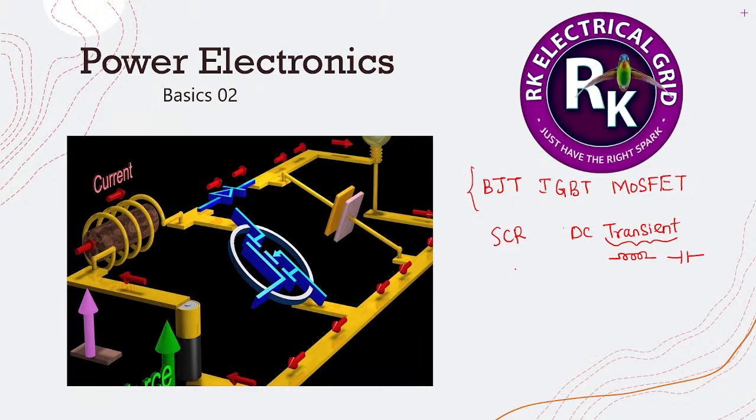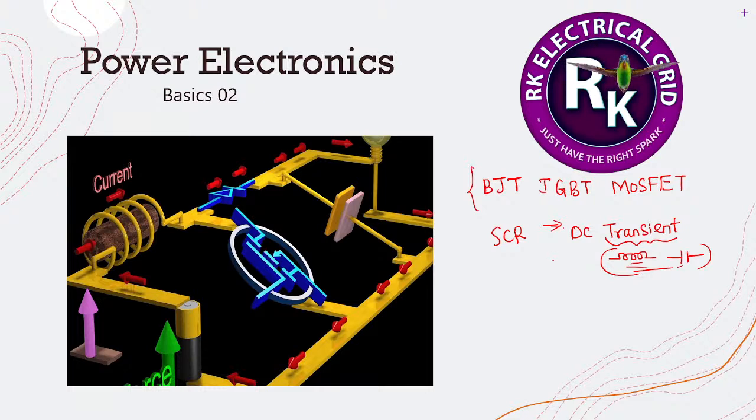Now, you should keep these things in mind. This phenomenon, whatever you have observed in network theory and circuit theory, we just understood the properties of inductor and capacitor. Now it is time to explore your knowledge, to see the application of this transient effect.